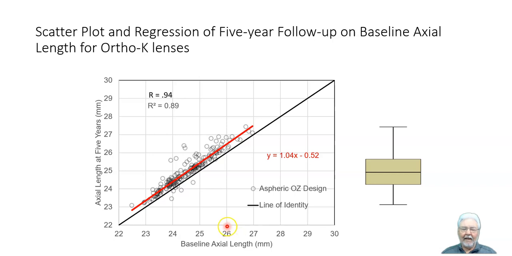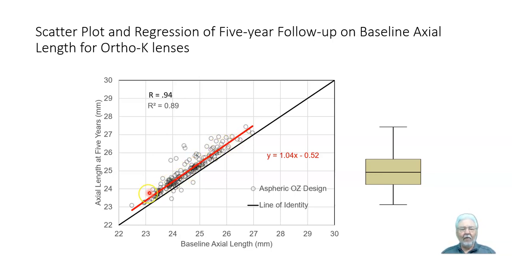If we had somebody with a baseline of 26, we come up to this red line, and by plugging 26 into this x value, multiplying times 1.04 and subtracting 0.52, we would get a number close to 26.5. So one of the big reasons for recording relationships like this is to enable you to predict what might happen in the future with your patient.